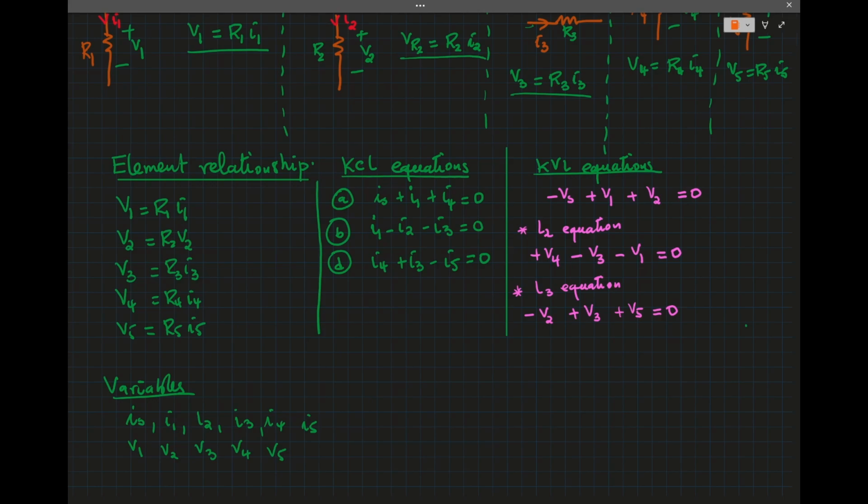Okay, so with the KVL and the KCL equations, when we substitute V1, V2, V3, and V4 in these equations, then we are going to solve for the currents, and once we know the currents, then we can find the voltages.